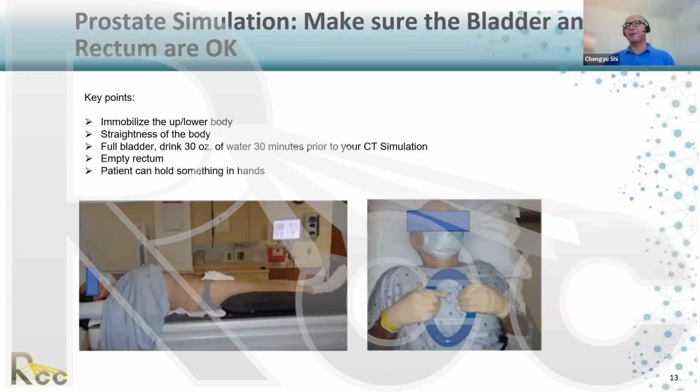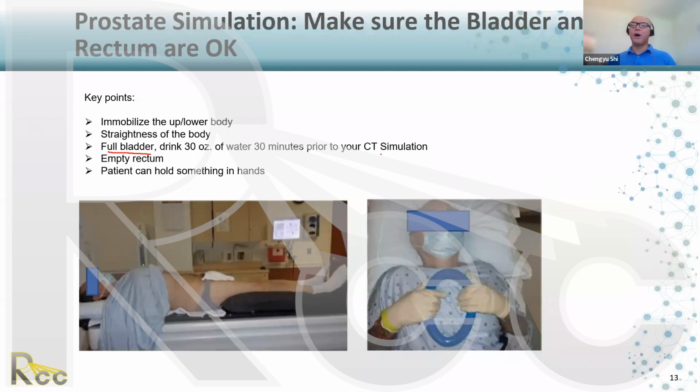And prostate is usually relatively simple. You can immobilize the upper and the lower body and make sure to check the straightness of the body. Bladder is the key. Bladder is difficult to make sure it's the same size and full. We guide the patient to empty the bladder first and drink about 30 ounces of water 30 minutes prior to your CT simulation and treatment.